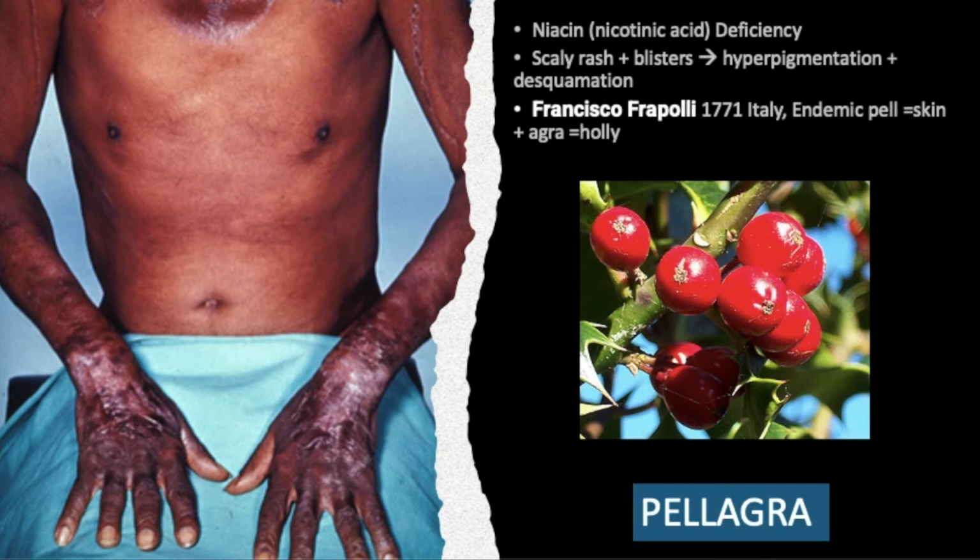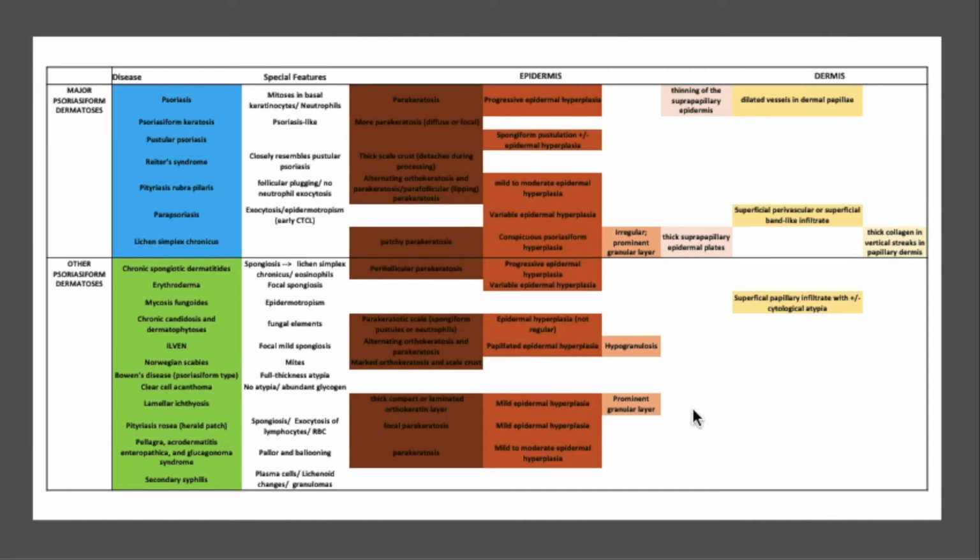Pellagra was named by Frapolli in 1771 when the disease was endemic in Italy, and the name comes from pelle, which in Italian means skin, and agra means holy, as we see in this picture of the plant.